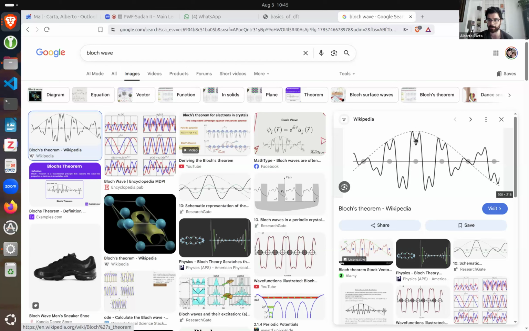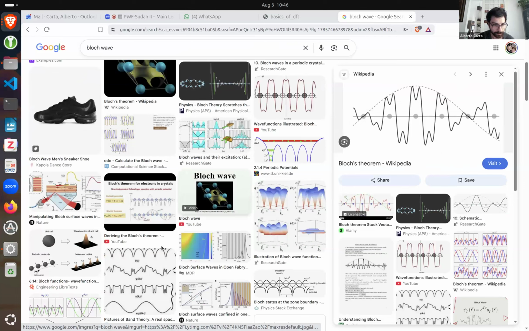This wiggly pattern first goes up, then down, then up, and then down, but its envelope is decided by the sine wave. The sine wave will be the k vector, the k part, while this complicated shape inside the unit cell will be the G part, the u of k.